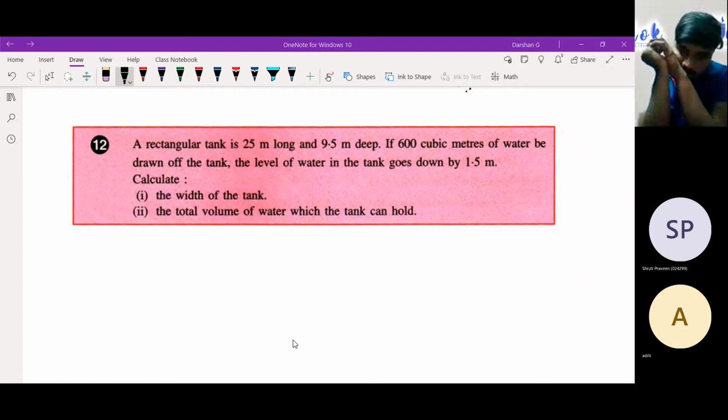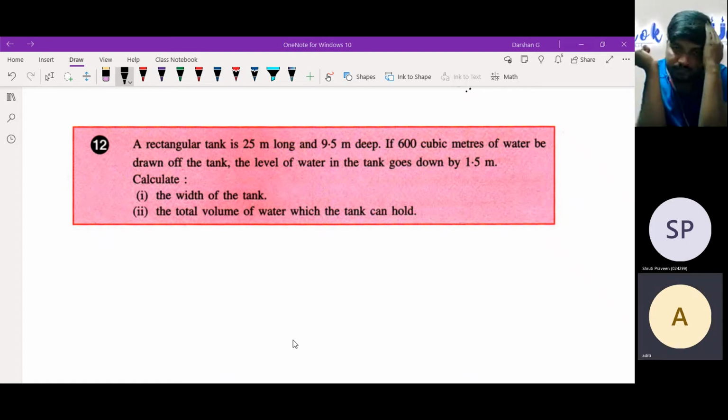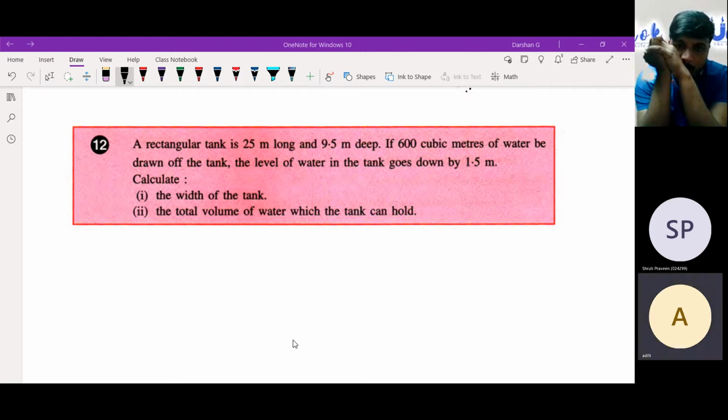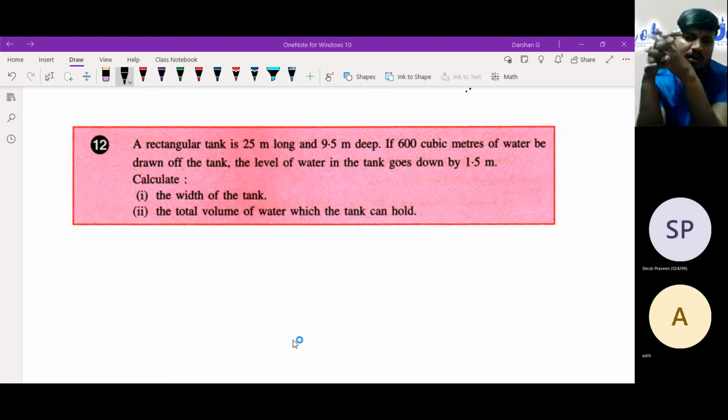Aditi, you got it? I'm still doing it. Okay, how much time might it take? I'm not sure. Another 5 minutes. Okay, what about Shruti?